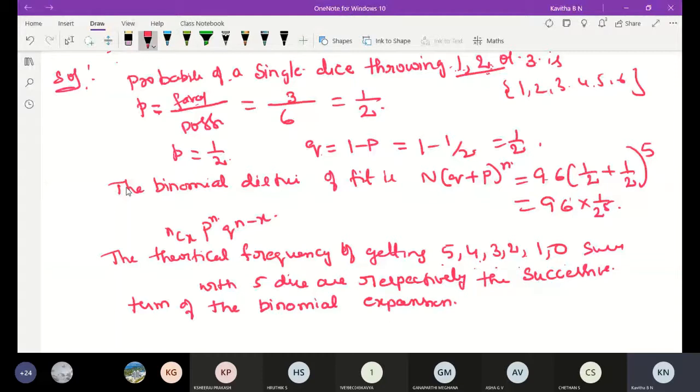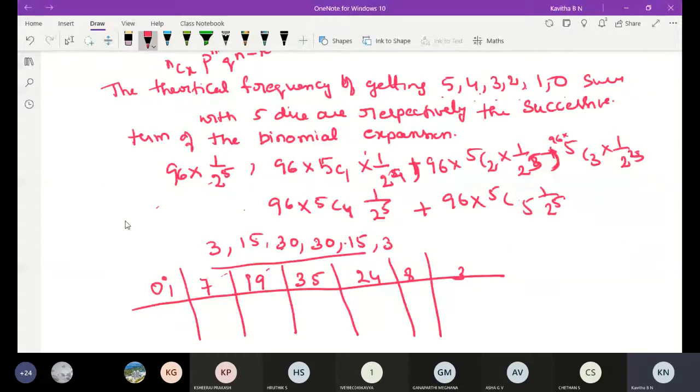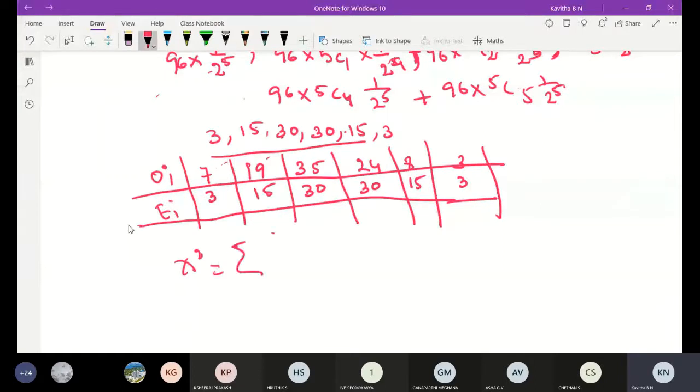Here the expectation EI is 3, 15, 30, 30, 15, then 3. Then use the formula: chi square is equal to the summation of (OI minus EI) whole square divided by EI.